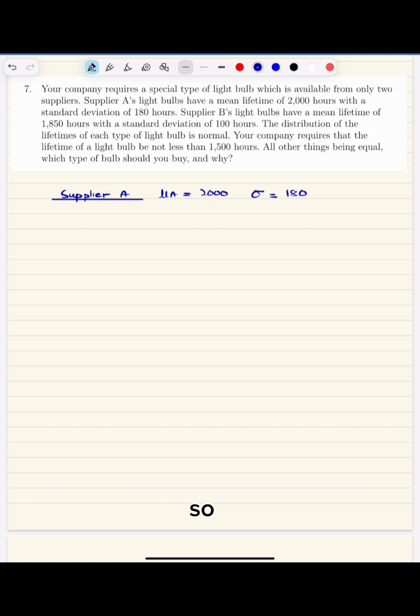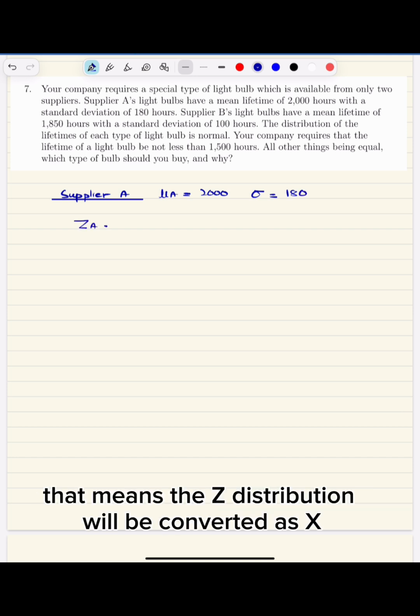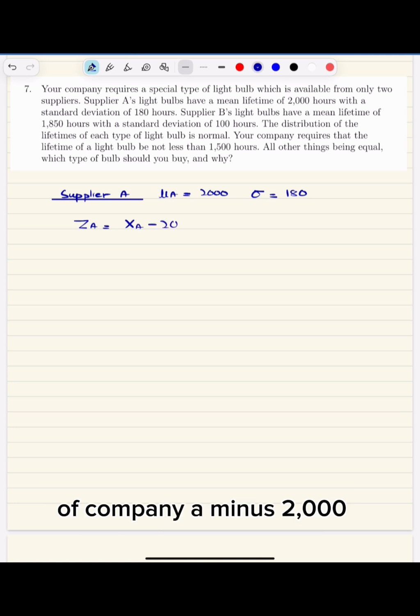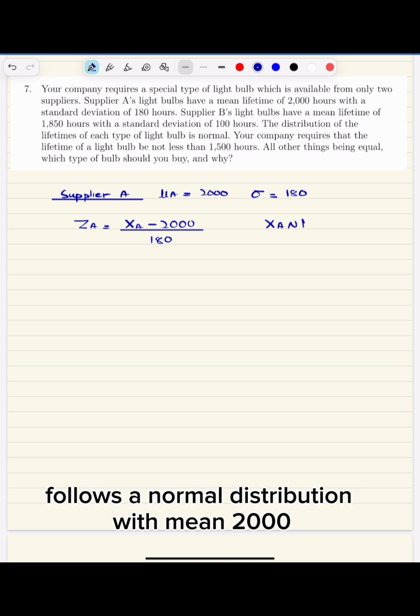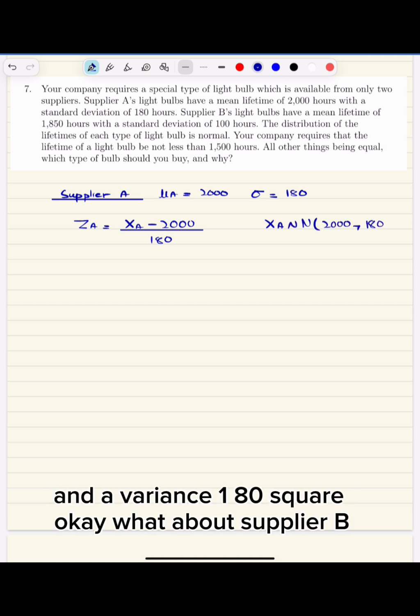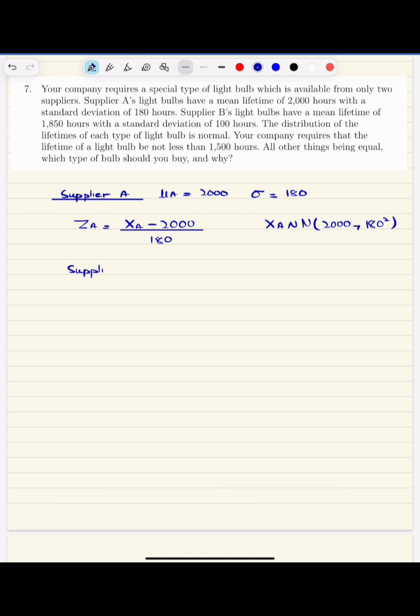So that means the Z distribution will be converted as X of company A minus 2000 over 180, because the X being the lifetime of this type of bulb follows a normal distribution with mean 2000 and a variance 180 square.